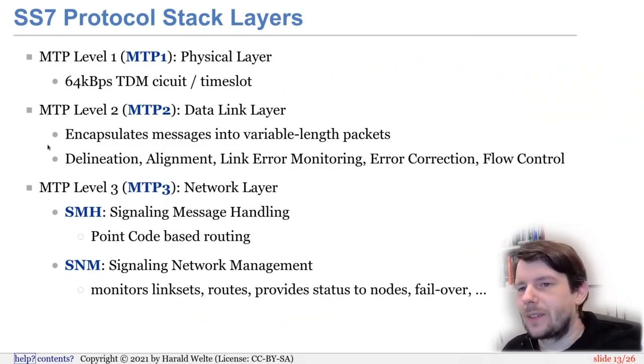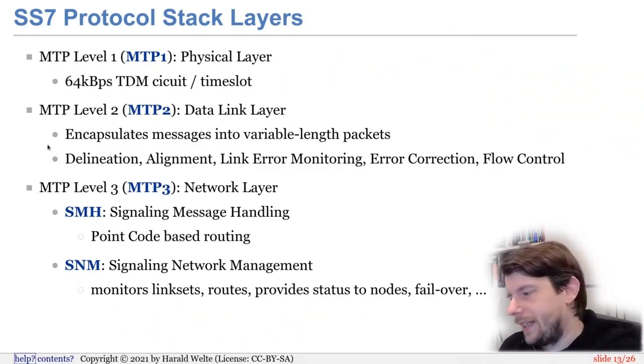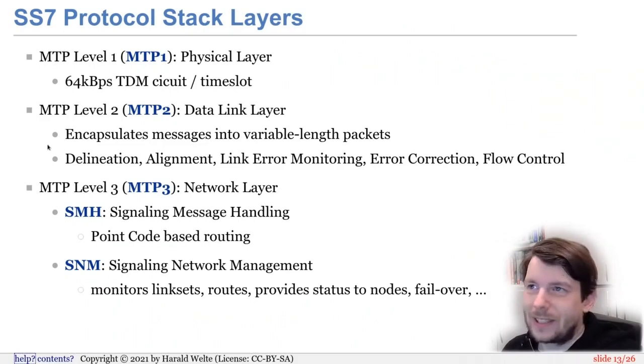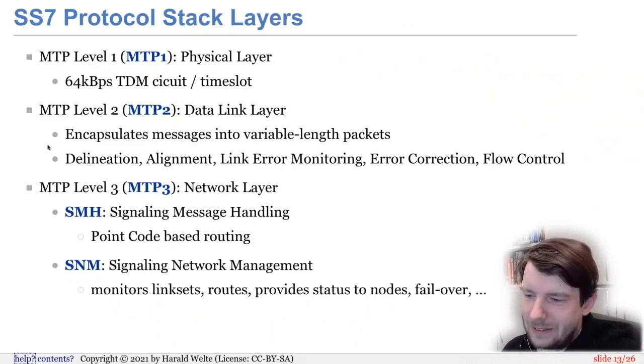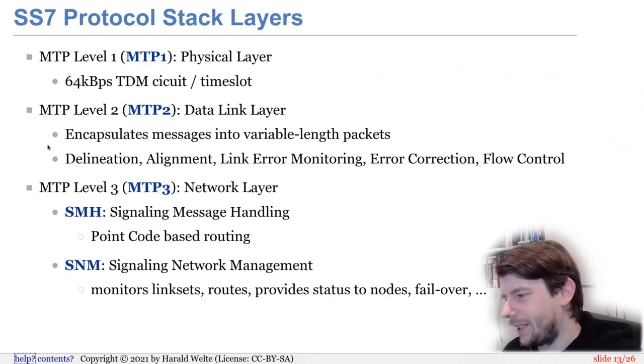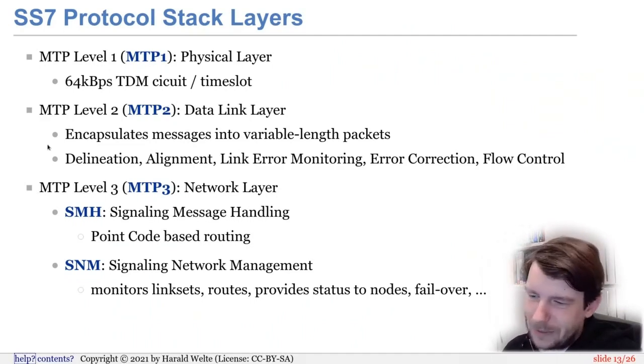There's a question about no dynamic routing at all. Well, I mean, the specs don't forbid you from doing whatever kind of intelligent logic on top within your network, but between operators, I'm not aware of that. You have redundant links, and you achieve redundancy by having all kinds of redundant connections, so multiple link sets in each link and multiple links between each pair of STPs and multiple pairs of STPs.